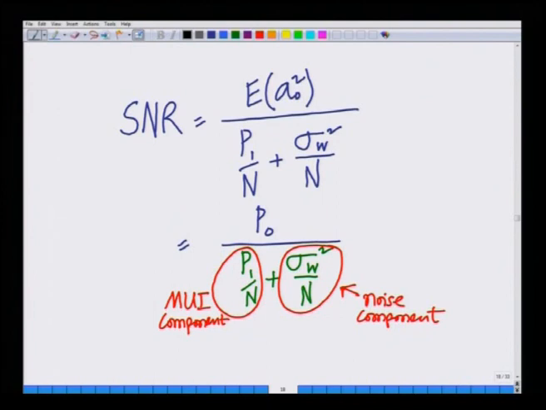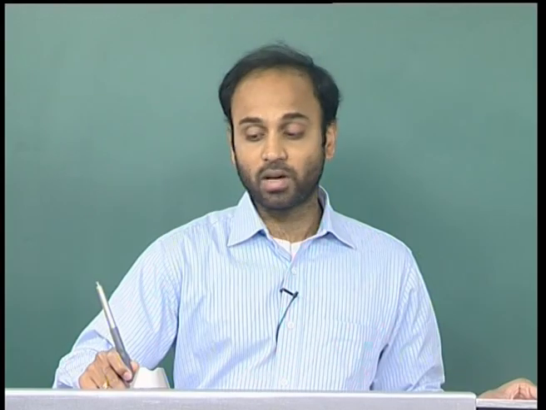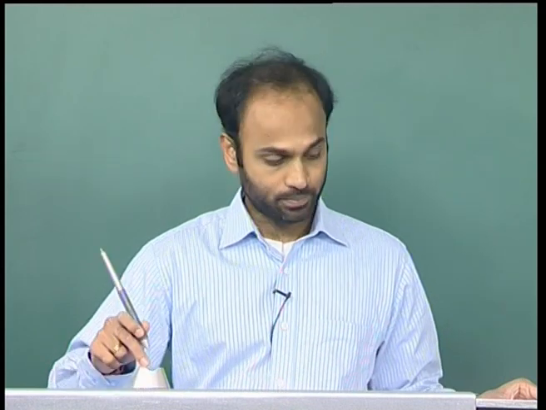However, that interference is suppressed by a factor of n. Similarly, there is a noise which is sigma w square over n. The noise is also suppressed by a factor of n. Hence, I have the net SNR which is P0 divided by P1 plus sigma w square into a factor of n, which is nothing but the length of the spreading sequence. This is also known as the processing gain of a CDMA system.